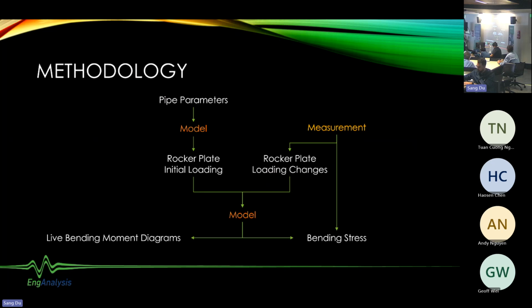Now, we needed a model to firstly find the initial loading conditions of the pipeline, and then we wanted to combine those initial loading conditions with the loading changes that we measured, feed that back into the model and come out with something that we could compare to actual measurements as well. The intent with this is to automatically feed everything in and have a nice, pretty picture for the client to see at the end of the day.